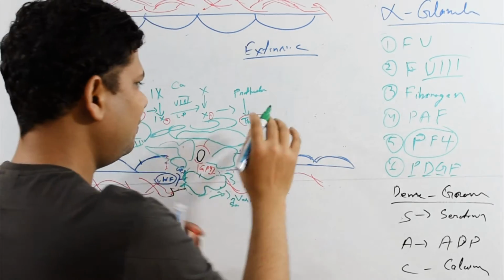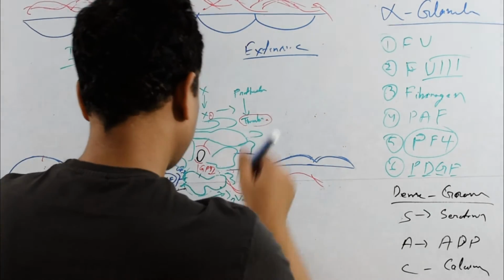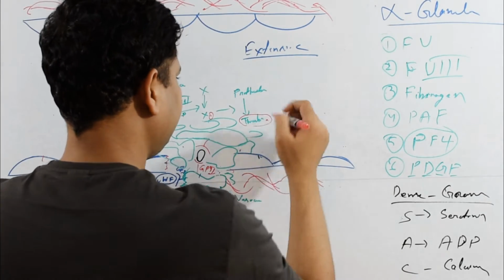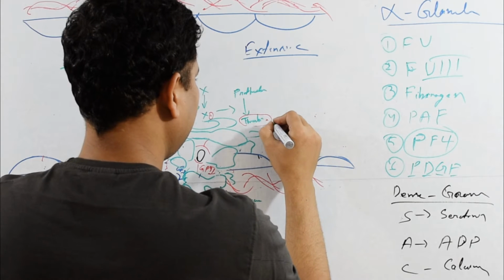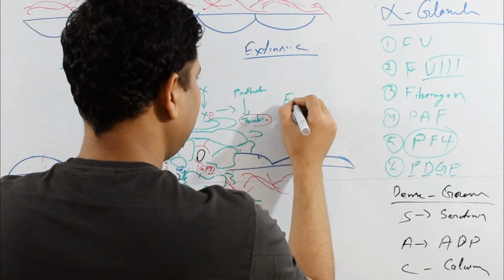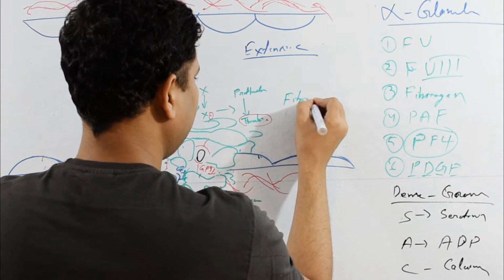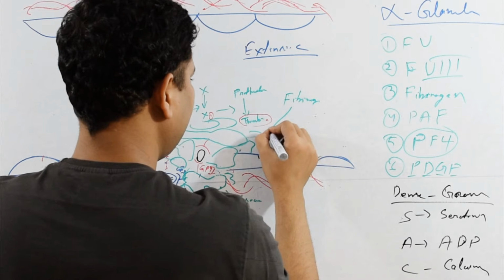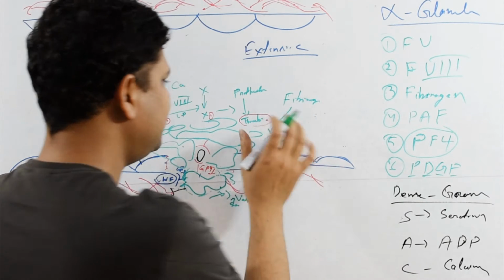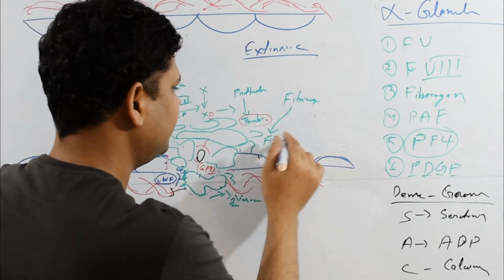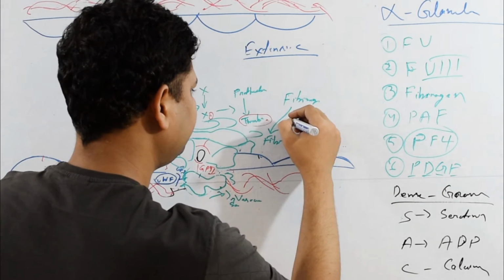So these thrombins are very active, activated thrombins. They now activate fibrinogen to fibrin, and these will be the fibrin monomers, fibrin filaments.